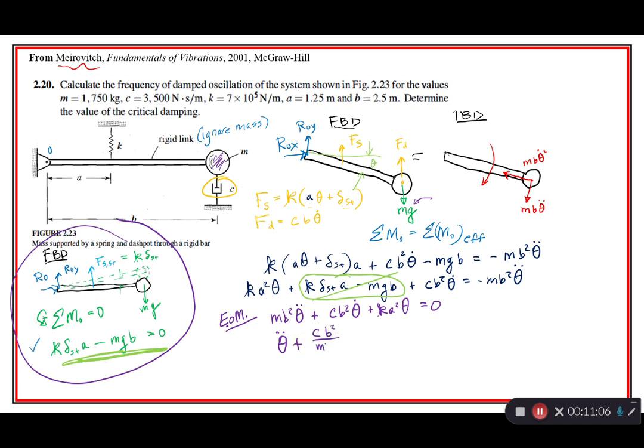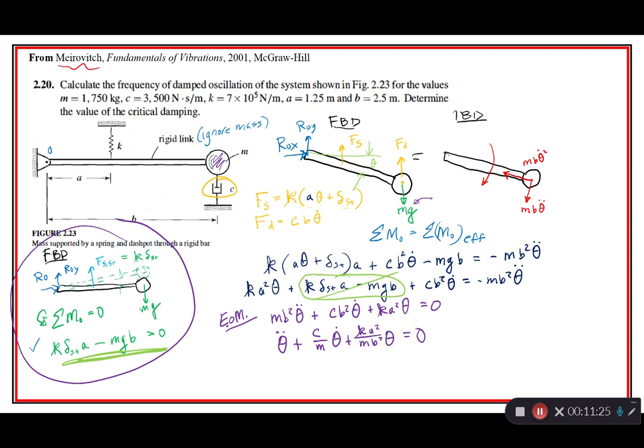Now you'll notice that this b squared is going to go away. Plus k a squared over m b squared. All right, I think I got that.